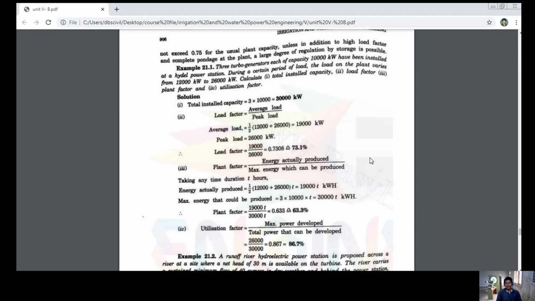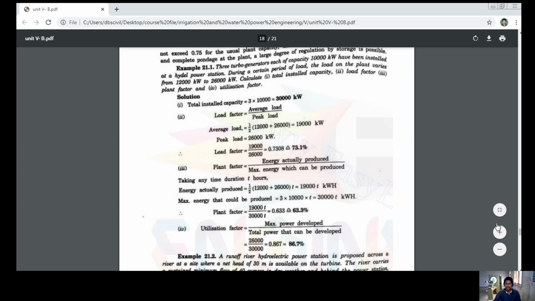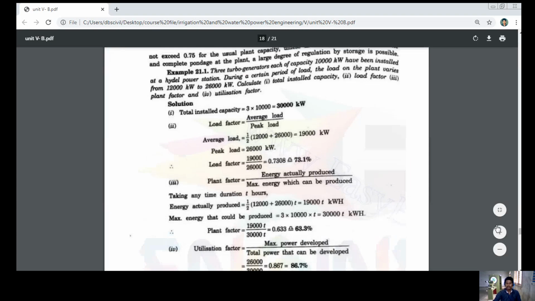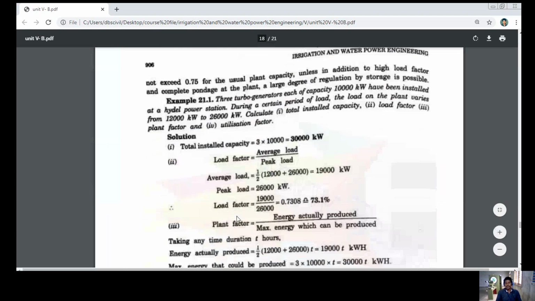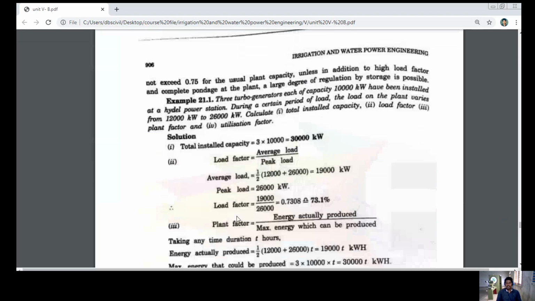Now let's see some examples so that we get a clear idea of the main things we have learned, and put them into application. In example 25.1, let's see the question. Three turbo generators, each of capacity 10,000 kilowatt, have been installed at a power station.